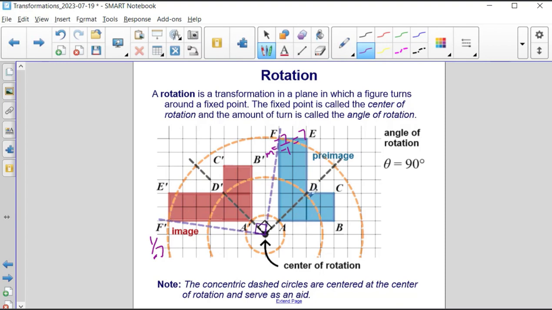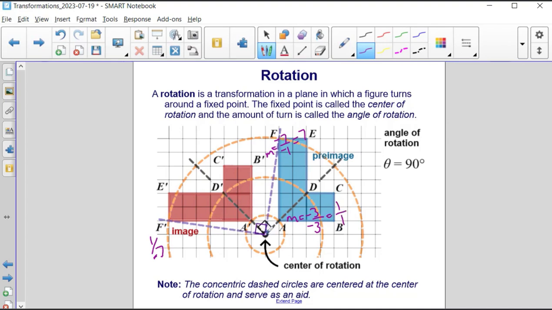We can do something similar for D to D prime. We can count to get to the center of rotation. We're going to go down 1, 2, 3, and to the left 3. So the slope here in this case is -3 over -3, or +1 over 1.